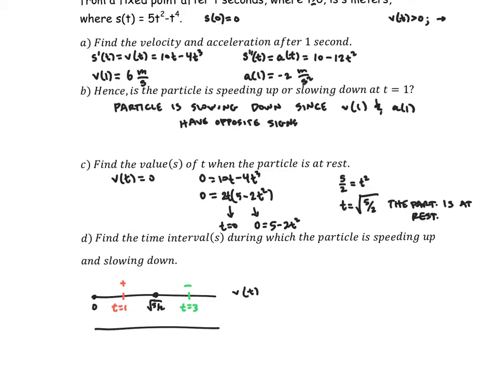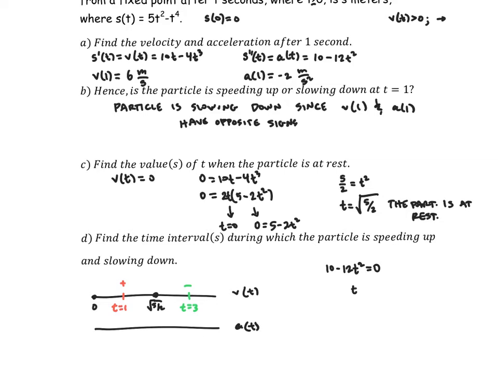Okay, now let's look at acceleration. In order to determine where there's a sign change in acceleration, I actually have to solve for where the acceleration equals 0. So let's set the acceleration function equal to 0 and solve for t.